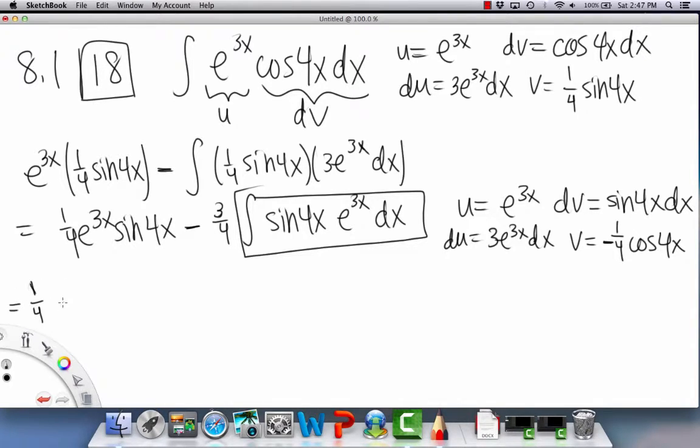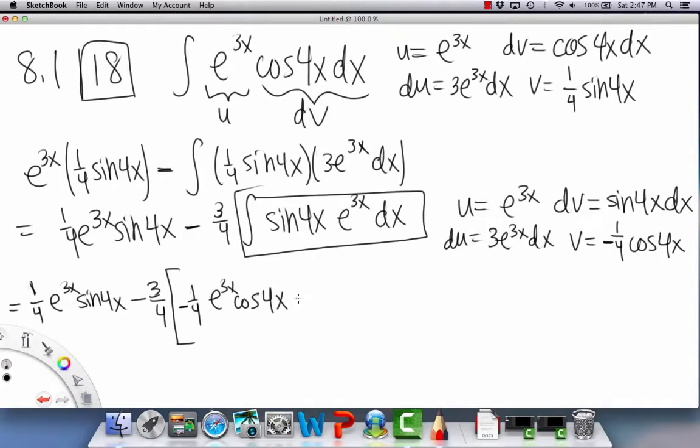Alright, so once we do this, this is going to get kind of long, but that's 1 over 4 e to the 3x sine 4x minus 3 over 4, and then in brackets, we're going to implement the integration by parts rule. So u times v is going to be negative 1 over 4 e to the 3x cosine 4x.